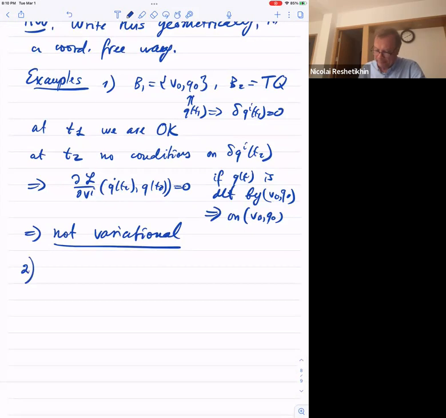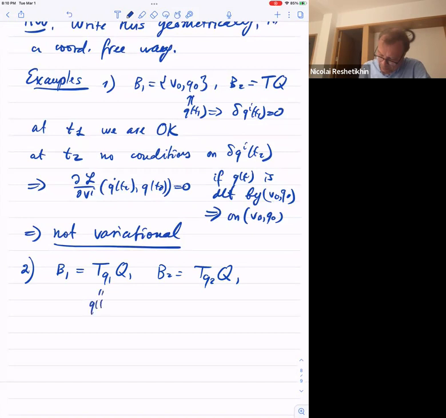Okay. And the other condition is B1 is T Q1Q, B2 is T Q2Q. Well, that's a great boundary condition.